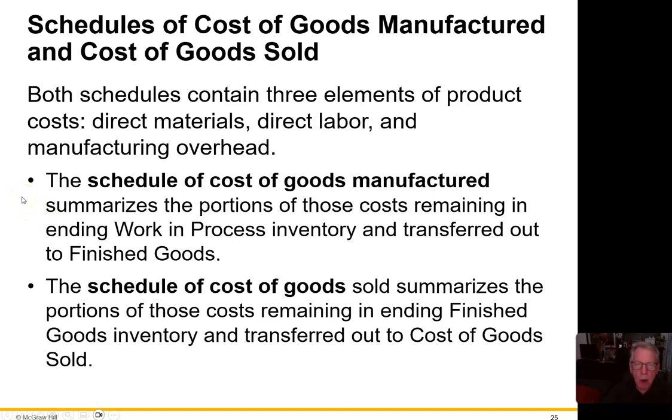The schedule of cost of goods manufactured summarizes the portions of those costs remaining in ending work in process inventory and transferred out to finished goods. Then bullet point number 2, the schedule of cost of goods sold summarizes the portions of those costs remaining in ending finished goods inventory and transferred out to cost of goods sold.